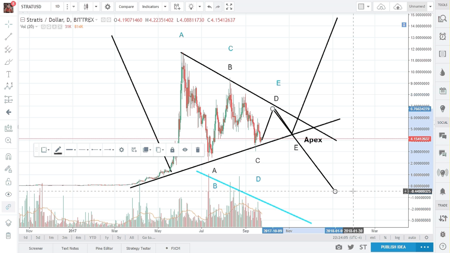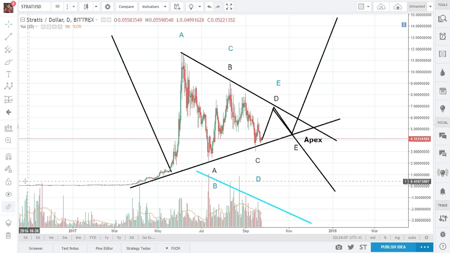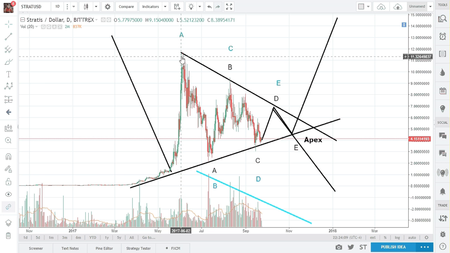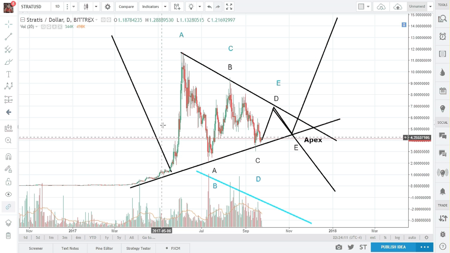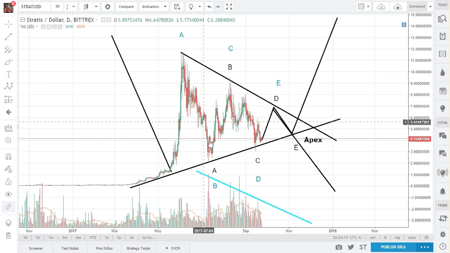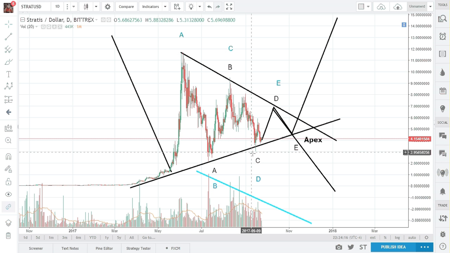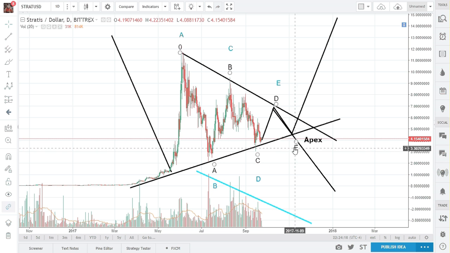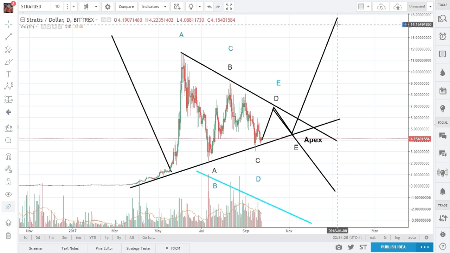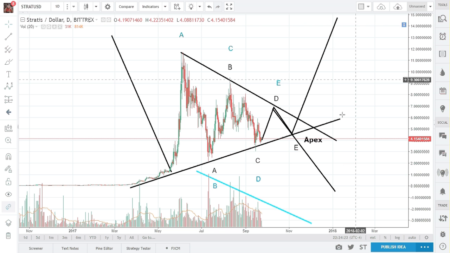Do you get it? Since I'm on an up, and this is the impulse, A, B, C, D, E will be in the bottom, therefore price will rise.